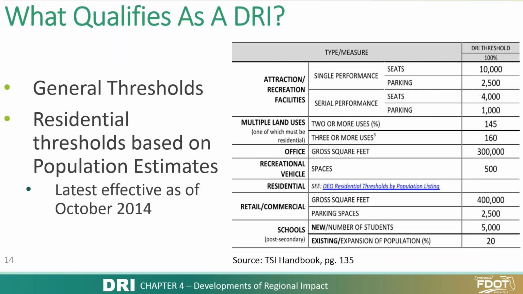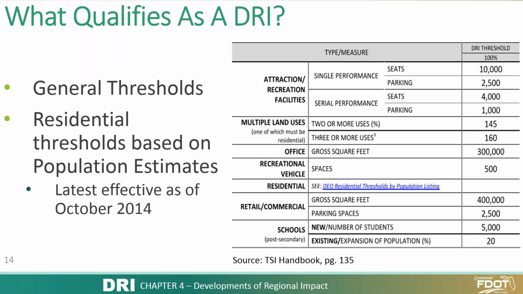Now, what qualifies as a DRI? Section 380.06 contains several general thresholds in regards to residential and commercial development that define what type of development would be considered a DRI.